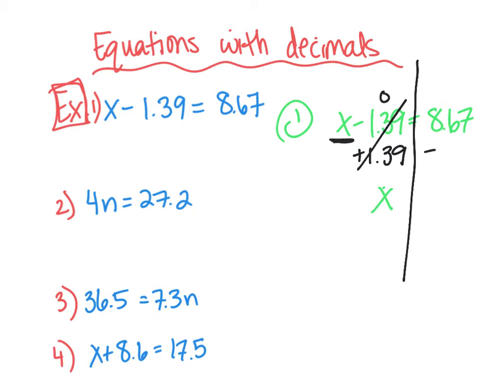And then I need to add 1.39 on this side. Notice if I do it underneath, then I can just directly add over here, which is kind of nice. So I like to add it below, and then it saves me a step of having to rewrite everything. So then 7 plus 9 is 16.